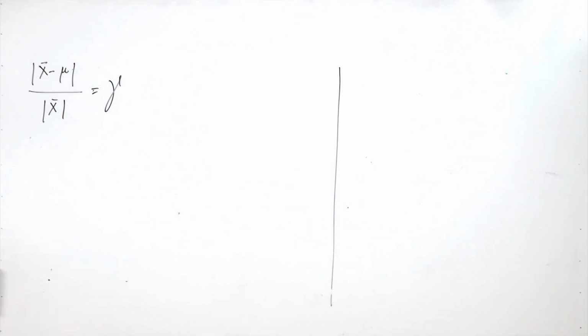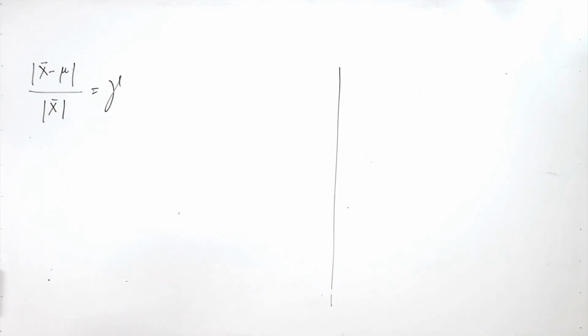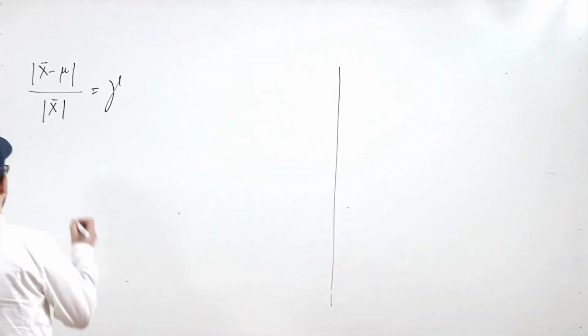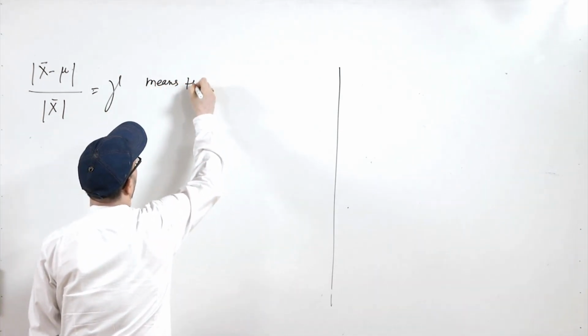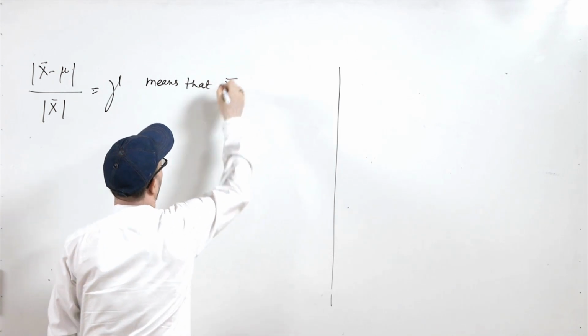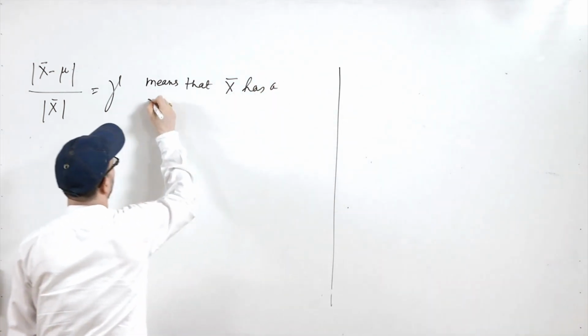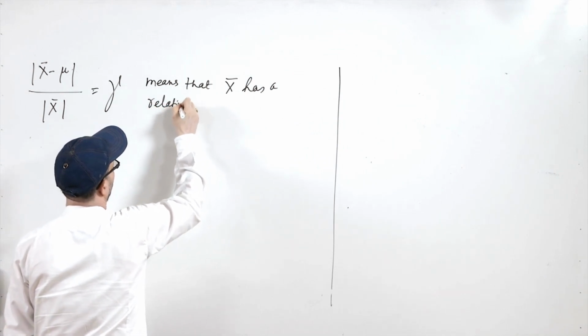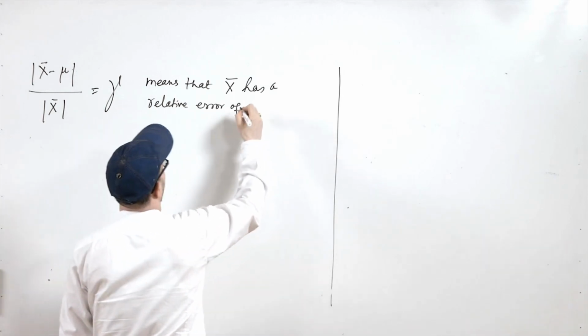So, this is the relative precision. In those cases we can say that this x bar has a relative error of gamma.